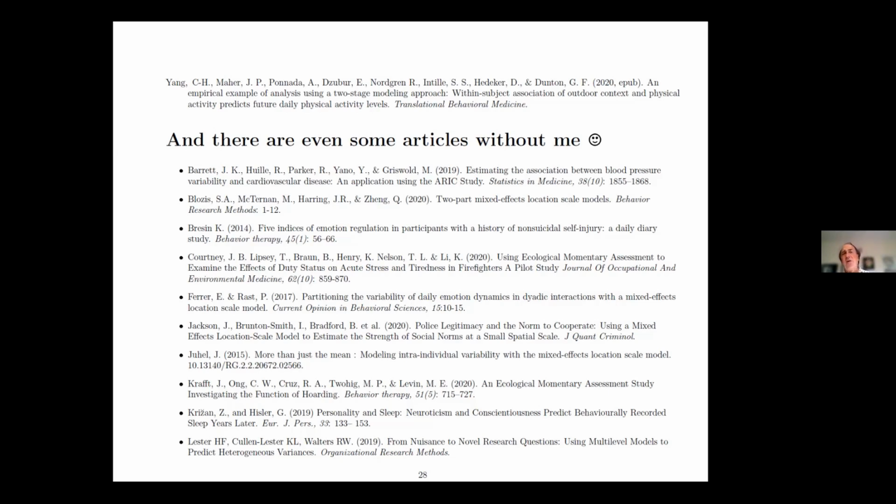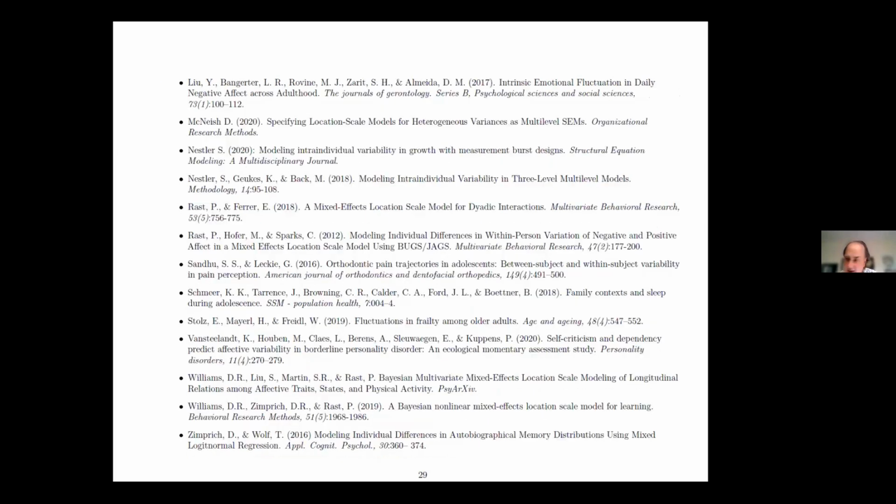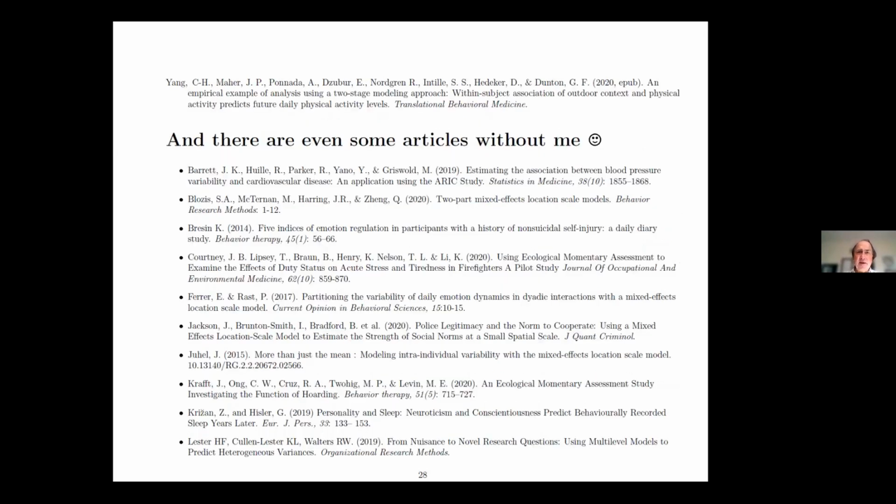So the point of this is just to show that I think there's a lot of possible applications for these kinds of modeling techniques beyond what I've illustrated today. So at this point, I'm happy to answer any questions people might have. That's all that I have.